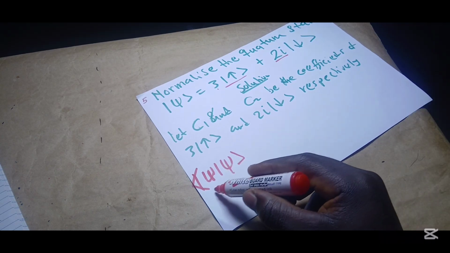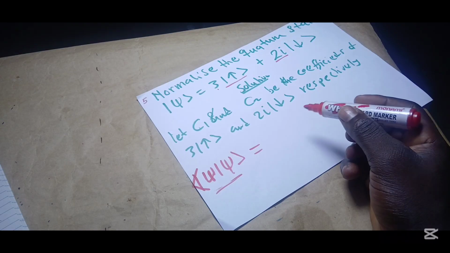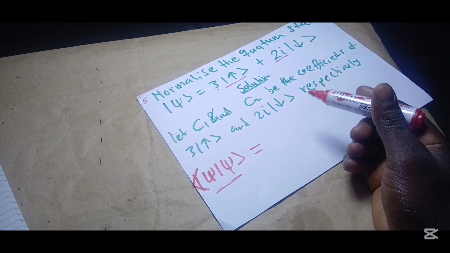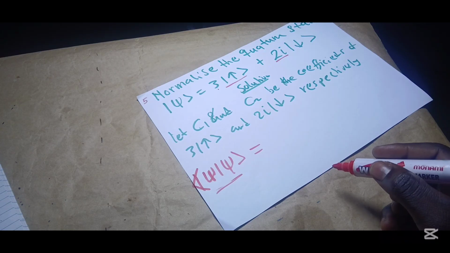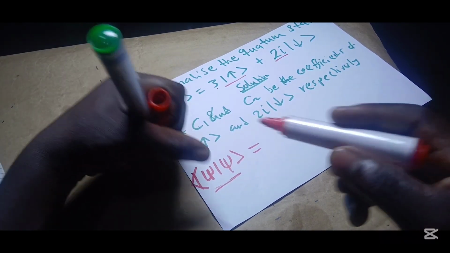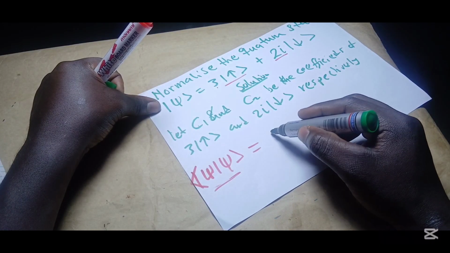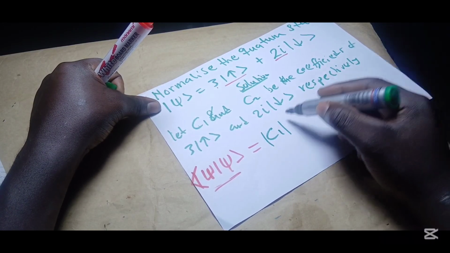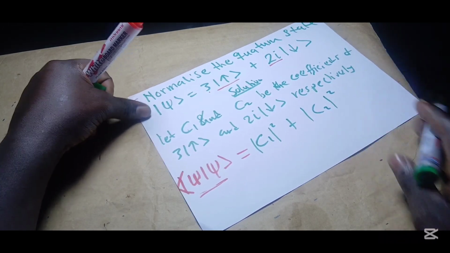This is equal to the sum of the absolute square of the coefficient of each state given. So in this case, it's going to be the absolute value of C1 squared plus the absolute value of C2 squared.